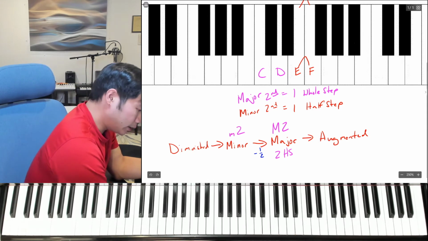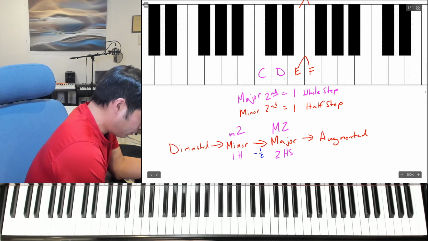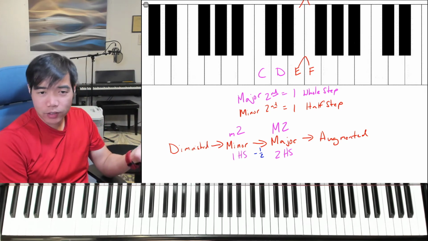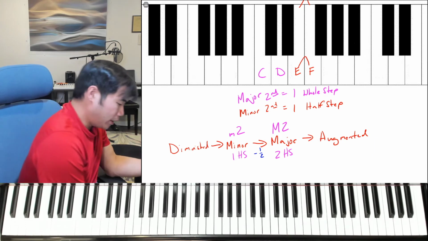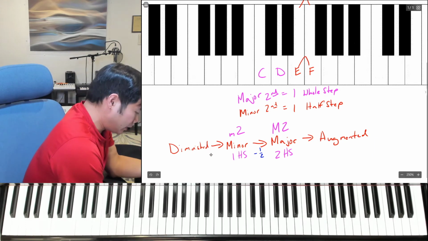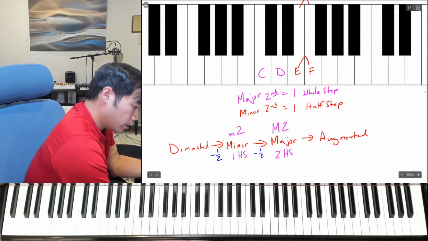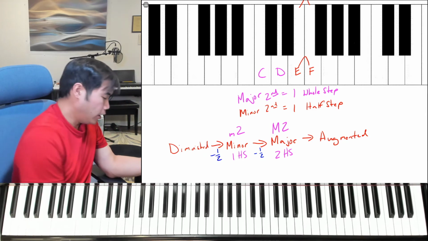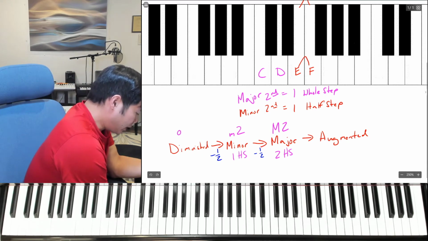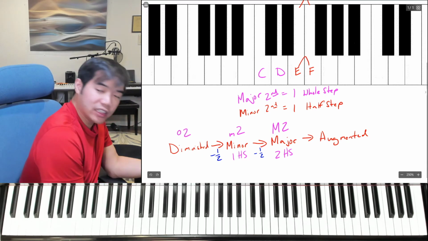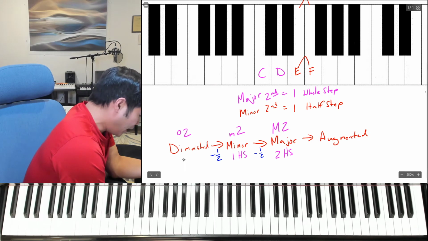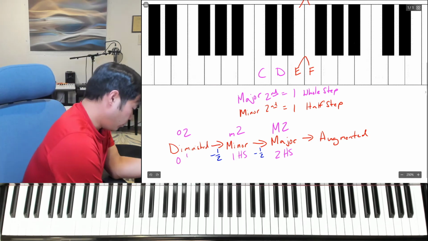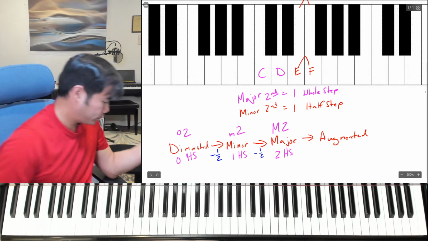So a minor second has 1 half step. If we're going to a diminished second, which you'll never see, but let's just say theoretically exists, we have to subtract another half step. Okay, which means that a diminished second, indicated by a degree symbol 2, actually has 0 half steps, or no distance between them.